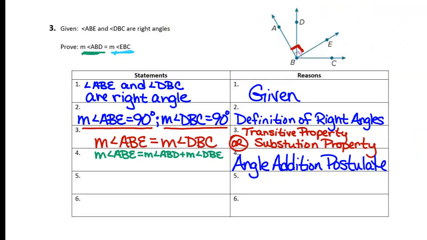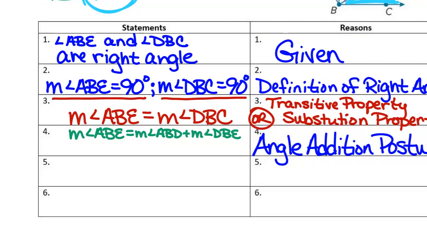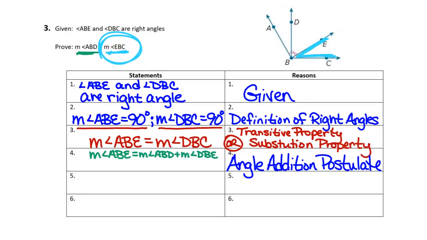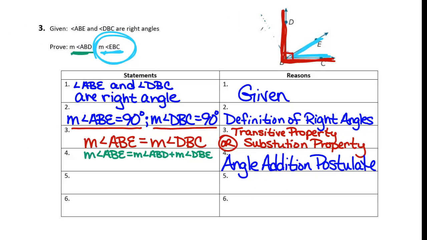All right, I'm going to go back up and look at the picture. We're also supposed to talk about angle EBC. Well, that's this little guy down here. And I also have DBC. DBC is this guy right here. We know he's a right angle. I'm going to totally ignore this for right now. Can I put two angles together and get DBC, just like I did with ABE?